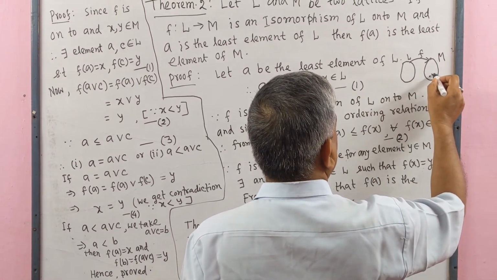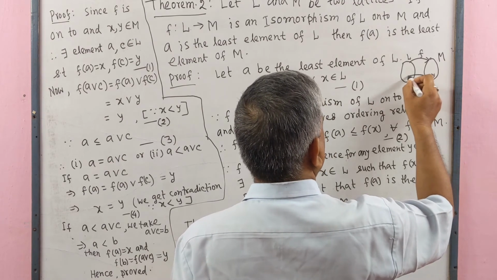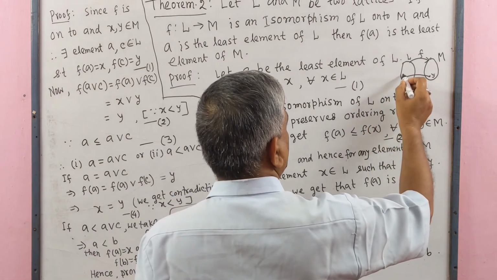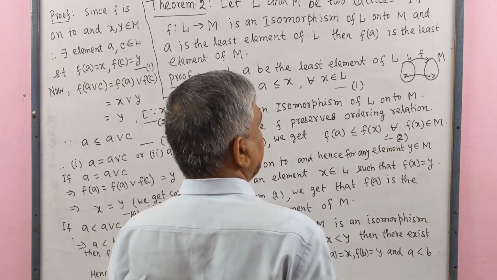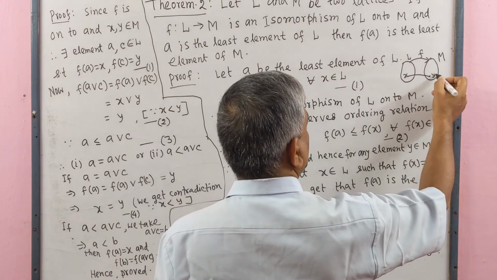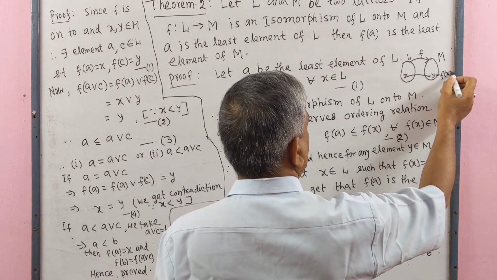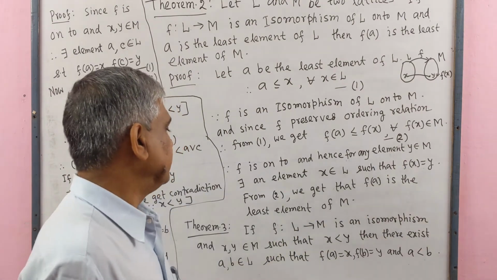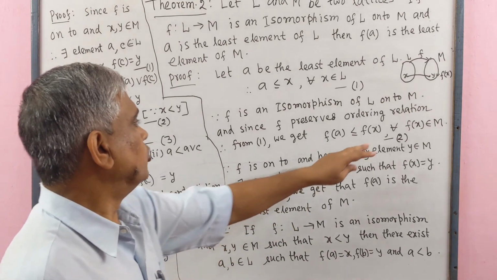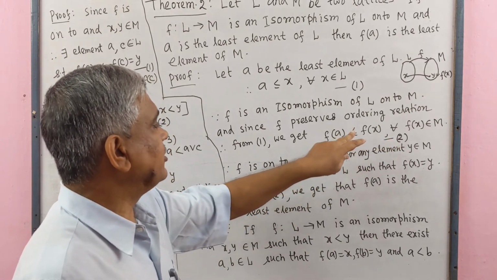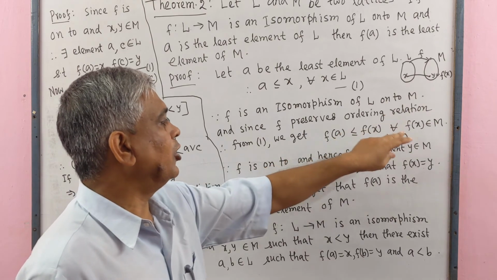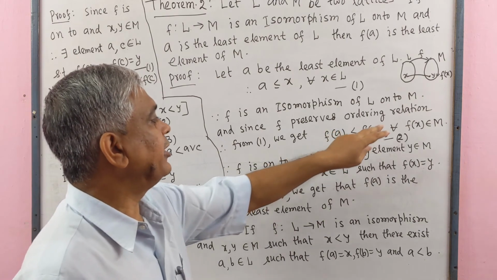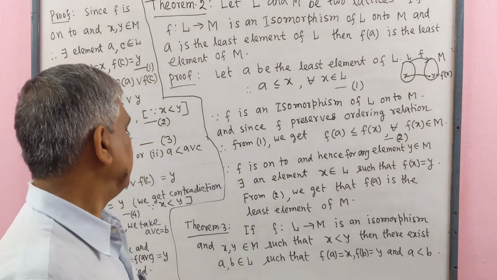Here if we take any element Y, then it has pre-image in L. Let X be the pre-image, then Y will be equal to FX. So FX equal to Y. From 2 we see that FA is less than equal to FX for all FX belongs to M. That means FA is the least element of M, and proved.